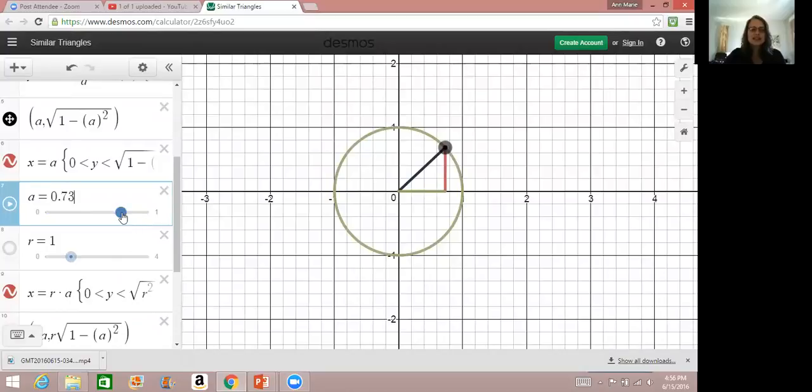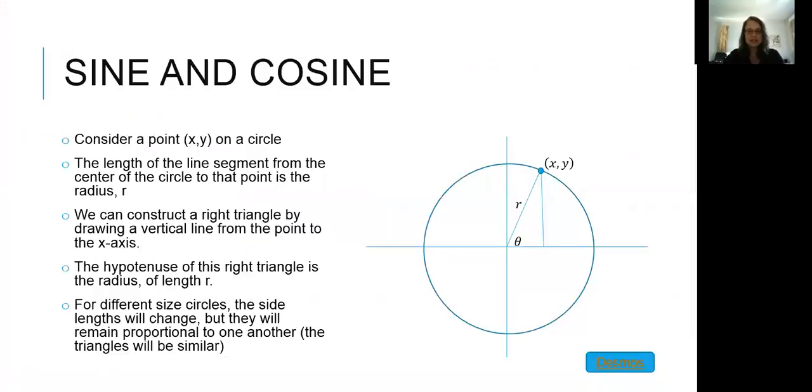So the lengths of these sides will change. And the lengths of these sides depend on the angle made between the radius and the x-axis. So back in my presentation here, we named this angle theta.